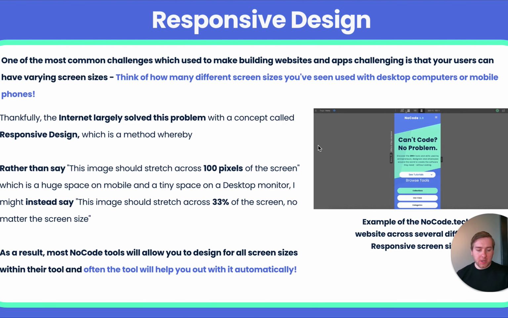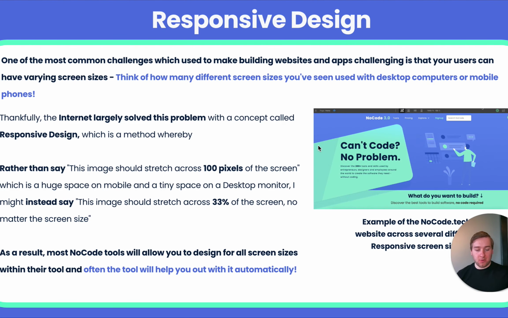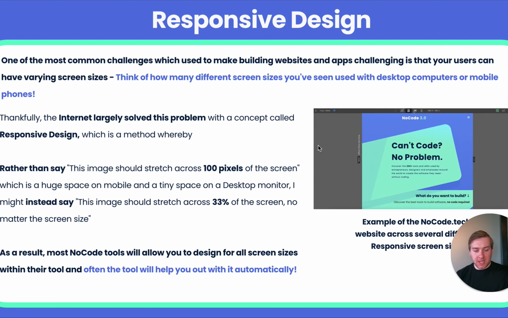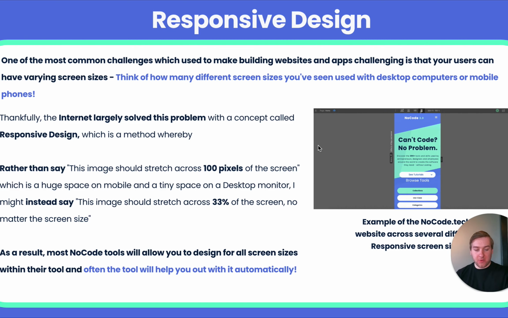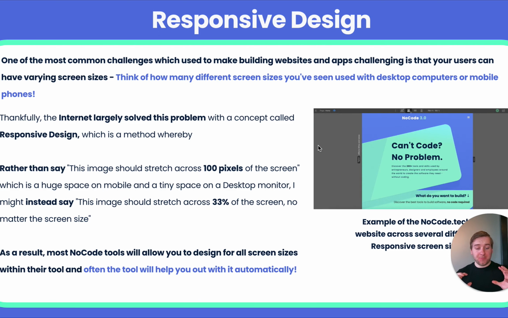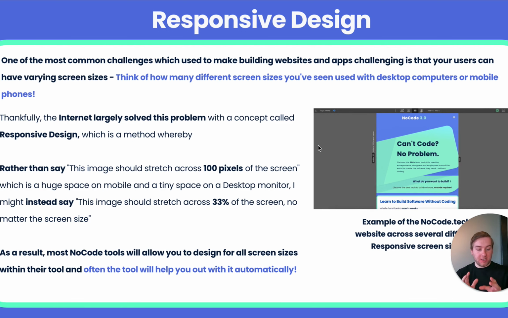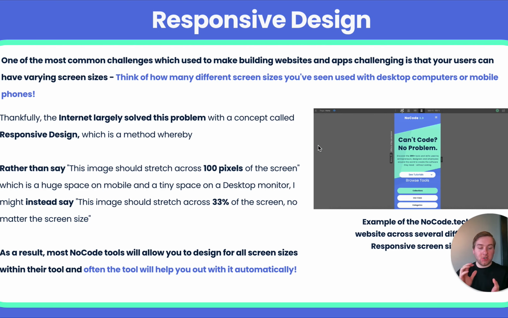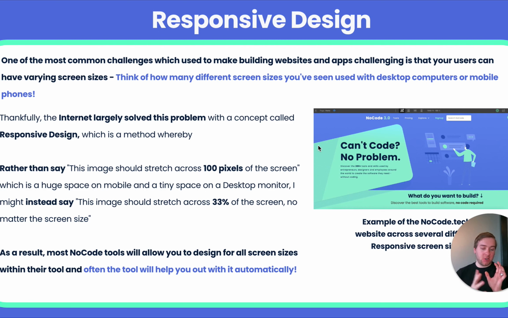Now, if you have a look at the example here, this is in a tool called Webflow that you're going to see in the next video, and it's a NoCode.Tech website, and as I click through, I'm clicking from laptop to tablet to mobile, and as I do that, you can see that the design kind of stays the same. It's the same look and feel, but as it comes in, it changes, it adapts round, and just really adapts to the new screen size.